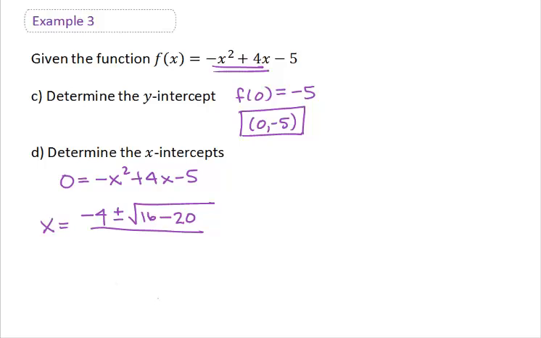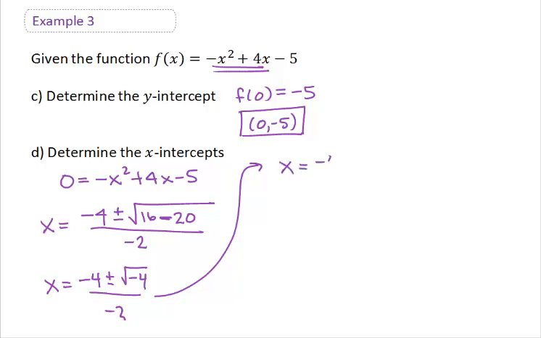So 2 of my negatives cancel out, leaving me with this third one. All over 2 times a, 2 times negative 1, leaves me a negative 2. So it gives me x equals negative 4 plus or minus the square root of negative 4 over negative 2, where x equals negative 4 plus or minus 2i over negative 2.